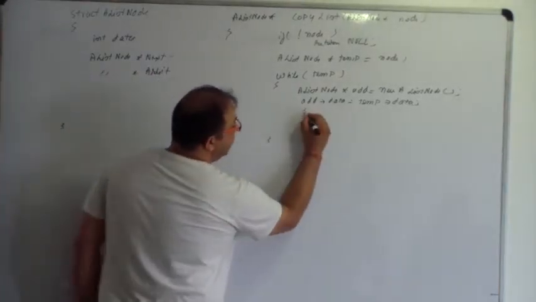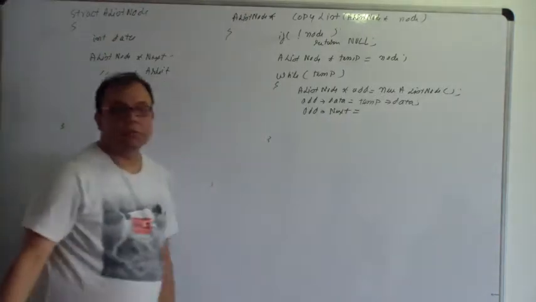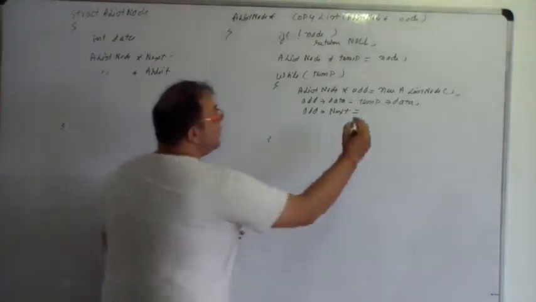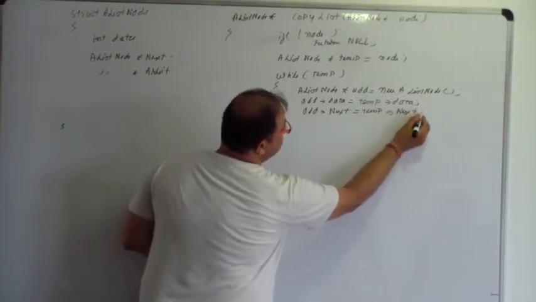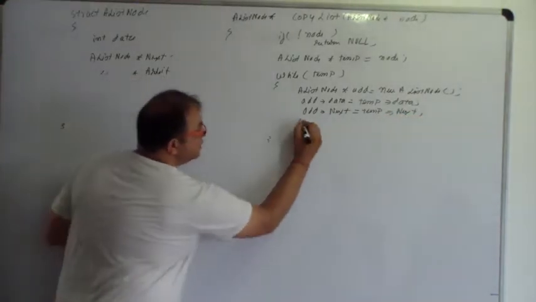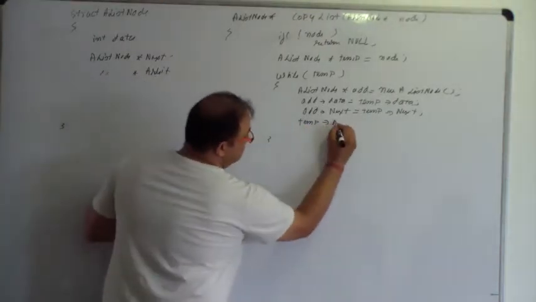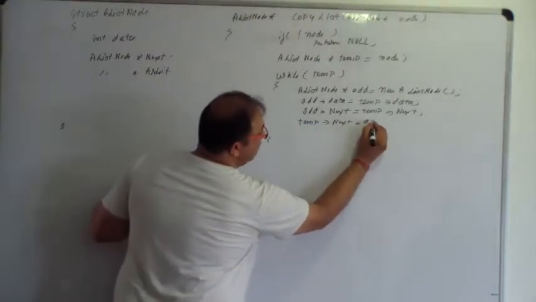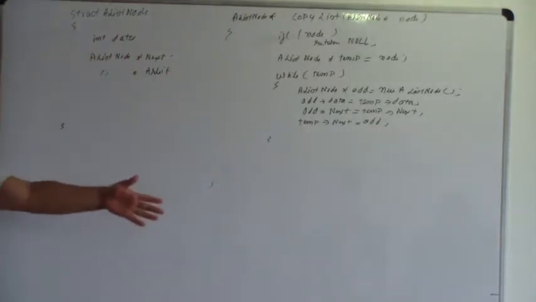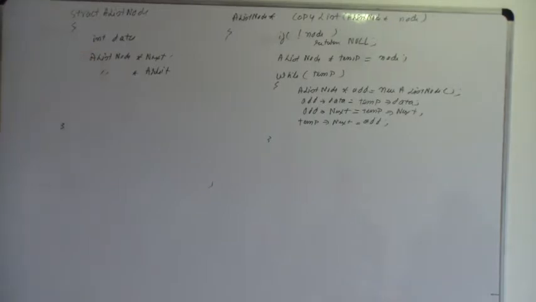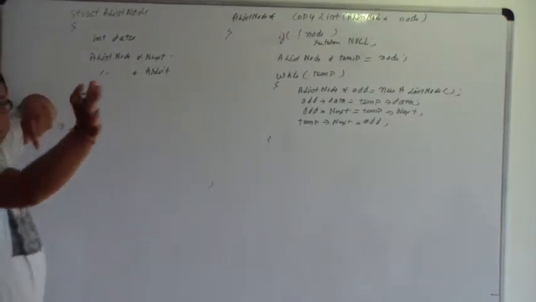And then add arrow next should be equal to temp arrow next. Then temp arrow next is equal to add. So this will add new nodes.